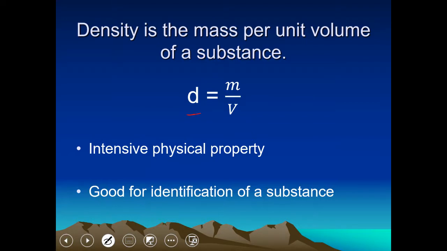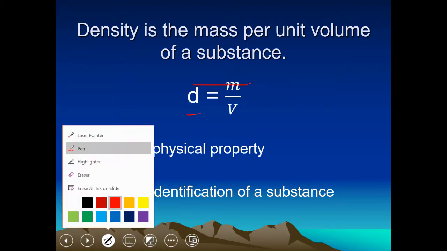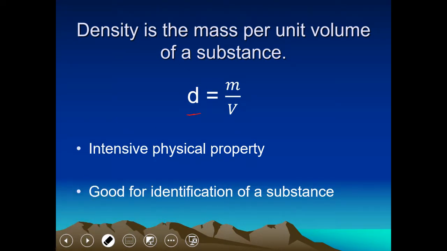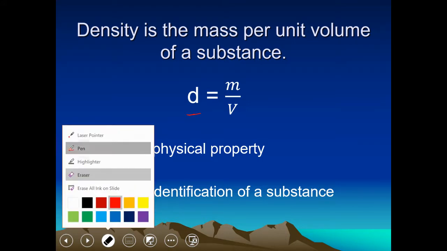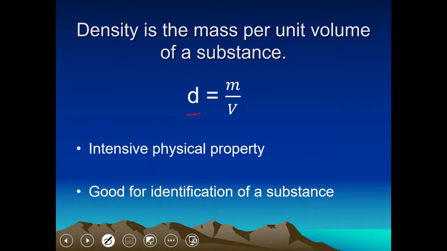Density is equal to mass divided by volume. Mass units are things like grams, kilograms. Volume units are things like liters, milliliters, centimeters cubed. And obviously your units on this side have to equal your units on this side. Like if the density is in grams per liter, then you've got to put your volume in liters.